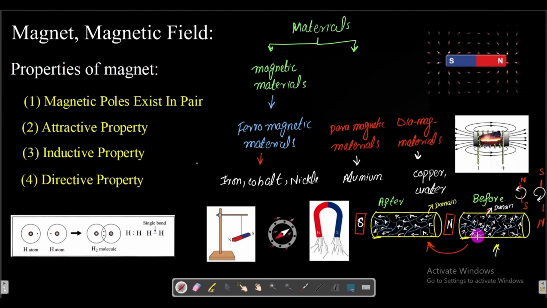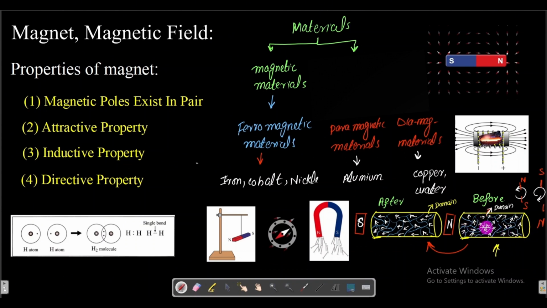So inside this iron rod there are a large number of domains. Here each portion represents a domain. There are a large number of domains inside the iron rod, and each domain will have its own direction of alignment of electrons. That alignment of electrons will have a magnetic field.